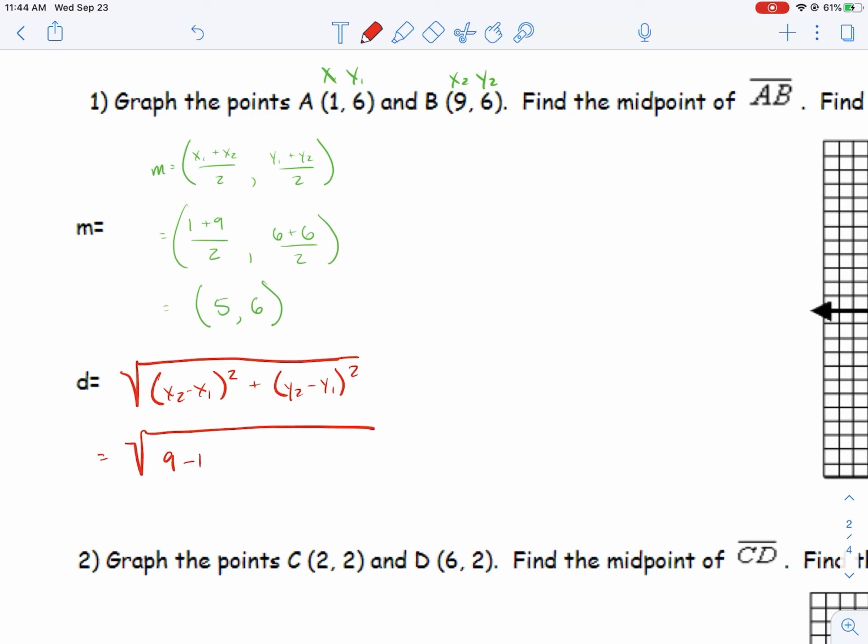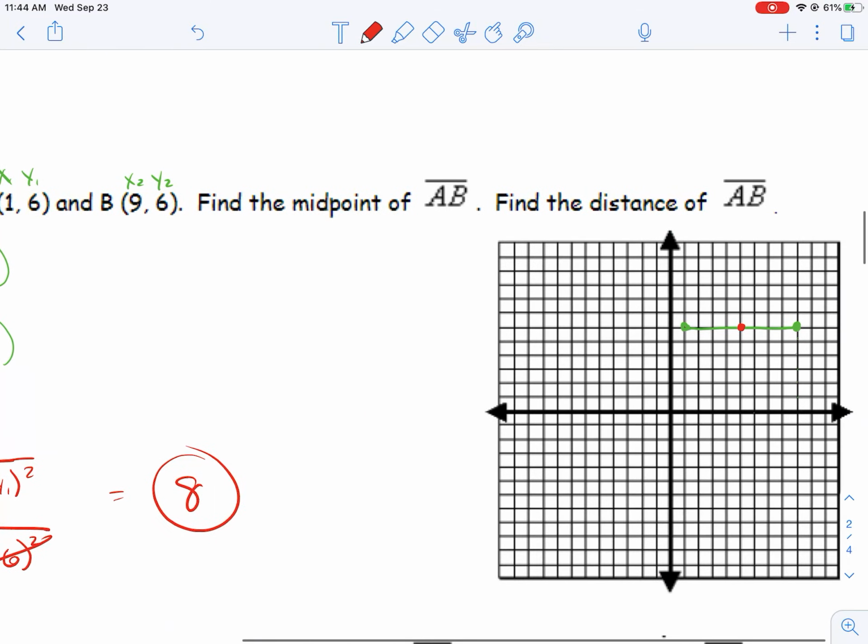So x2 is 9 minus x1, which is 1, squared, plus y2, which is 6, minus y1, which is 6, squared. Those are going to cancel, so really I'm only looking at the square root of 8 squared. I'm left with a distance of 8.